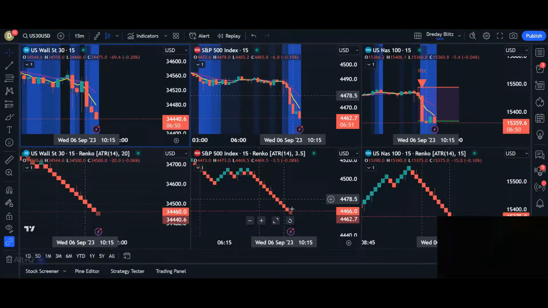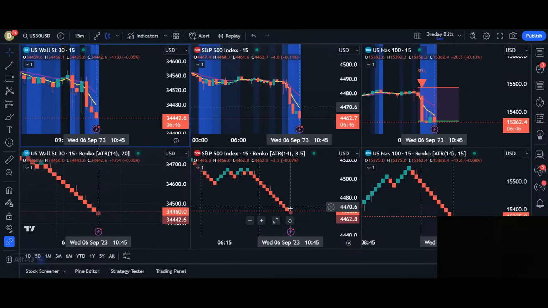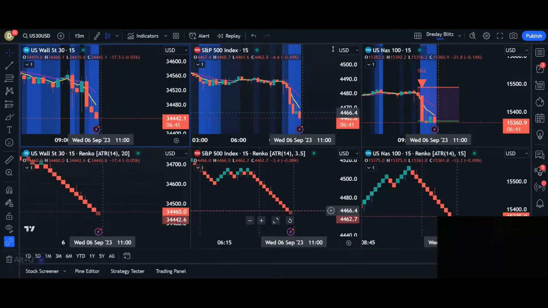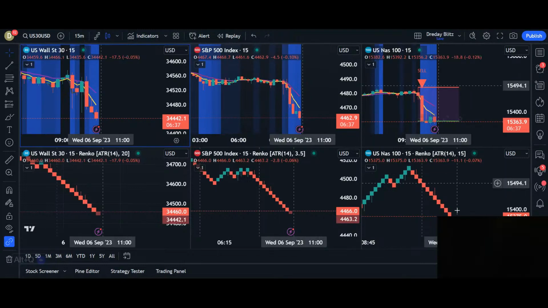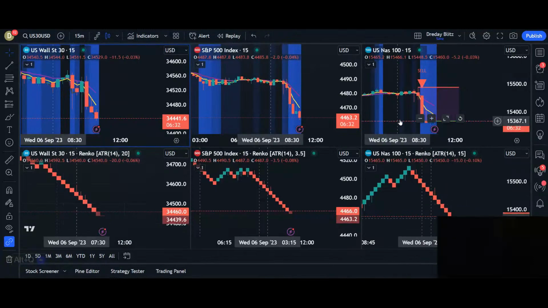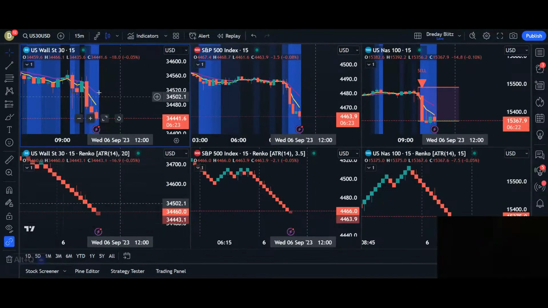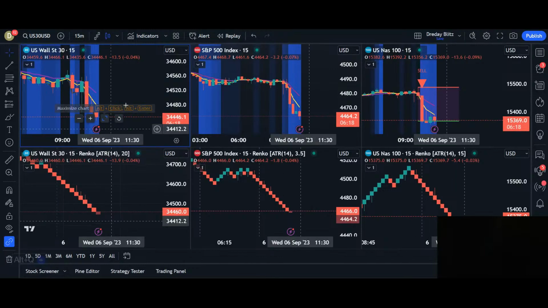Because we're still looking for a bearish move on the Renkos. As long as it didn't reverse like this, we're still in a trade on the downside, and that's what is confirmed right now. Same thing for Nasdaq, it's still showing bearish. And US30, same thing. Yesterday we only had a fake out right here, and then it still continued down.